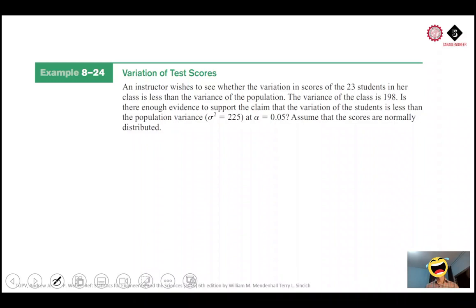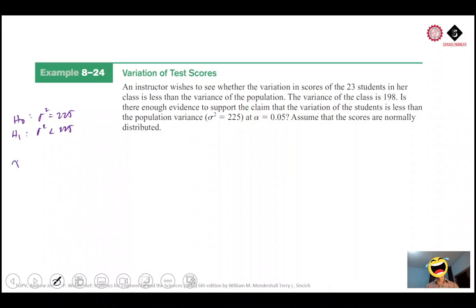Okay, so first things first. The null hypothesis is that the variance, sigma squared, equals 225. The alternative is that the variance is less than 225, which is based on the sample of 198.